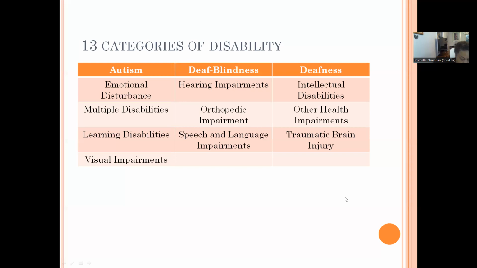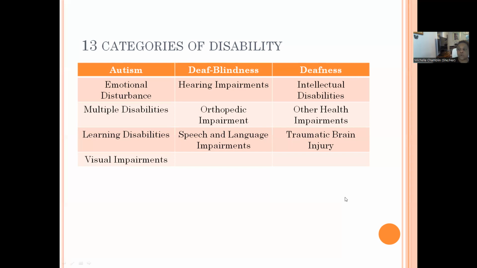The term does not apply to children with problems that are primarily the result of visual, hearing, or physical disabilities, intellectual disabilities, emotional disturbance, or environmental, cultural, or economic disadvantage. So there you have it. 13.